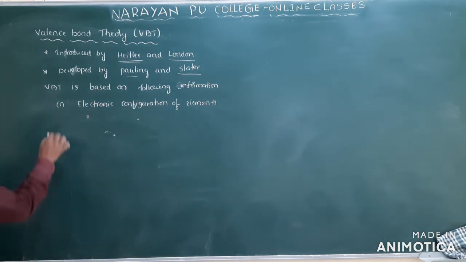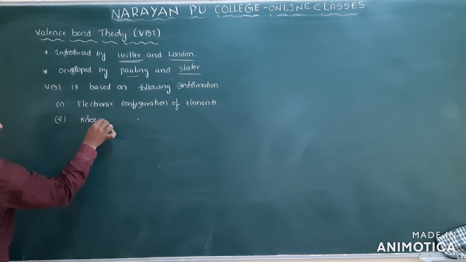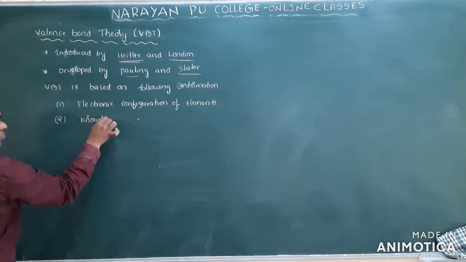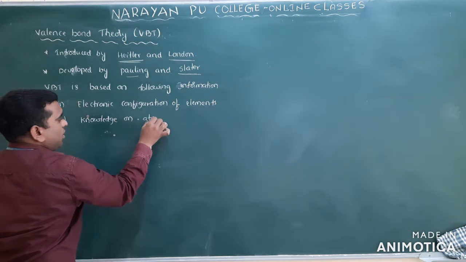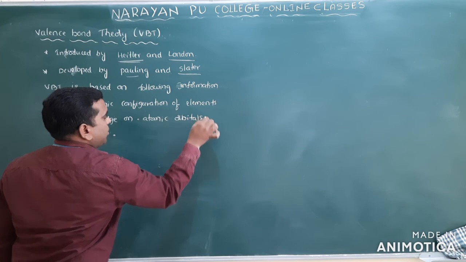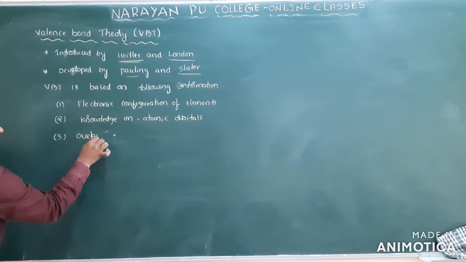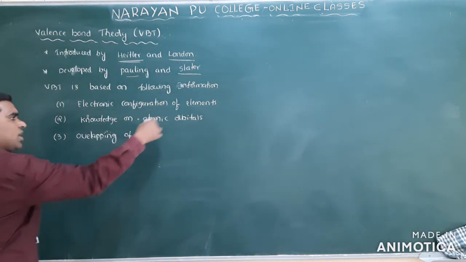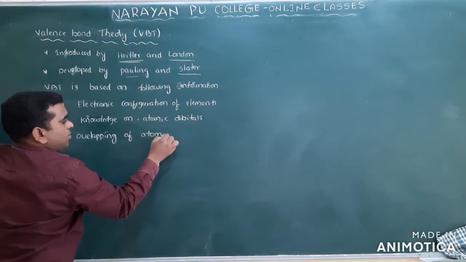So first of all, I will write what those points are. The second one is knowledge of atomic orbitals. The third one is overlapping of atomic orbitals. We will discuss what atomic orbitals are and how overlapping happens. The fourth one is hybridization of atomic orbitals.